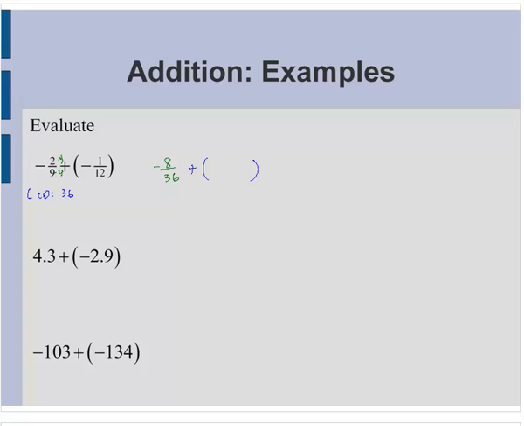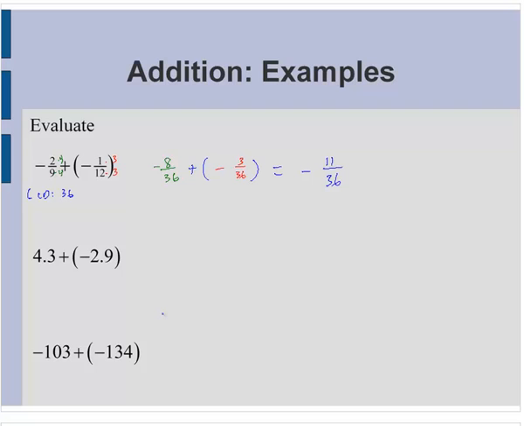And building up the second fraction by a factor of 3 would give negative 3 over 36. Since they have the same sign, we keep the common sign. And adding the values, 8 plus 3, 11 over 36. And that will not reduce.